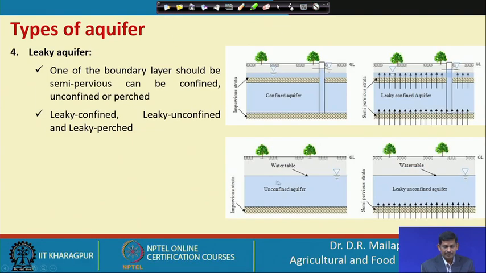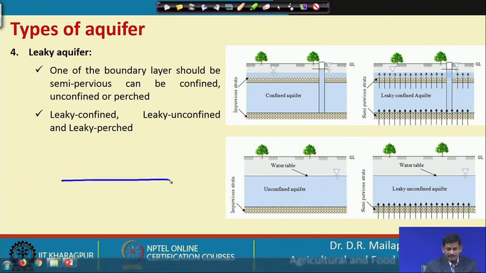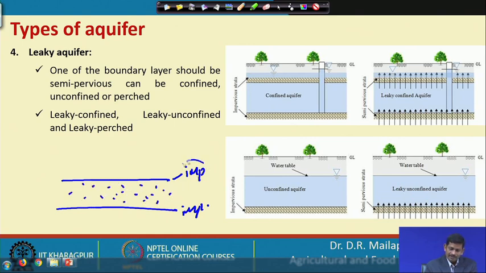Okay, the next is the leaky aquifer. So, here in case of a confined aquifer, if you see, there is an impervious surface, this is also an impervious surface. So, in between this is a soil stratum. So, sometimes what happens, here the impervious layer could be an aquiclude, where it cannot transmit or absorb water, this is also an aquiclude.